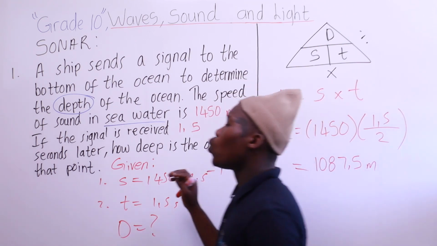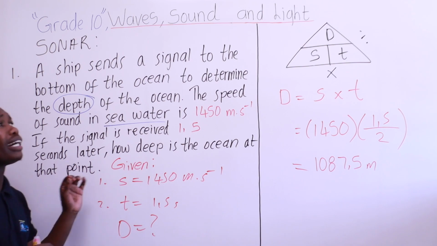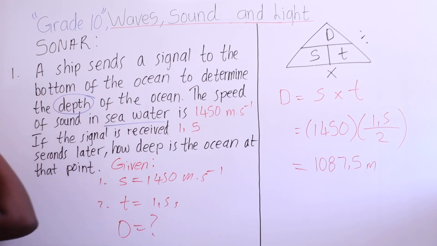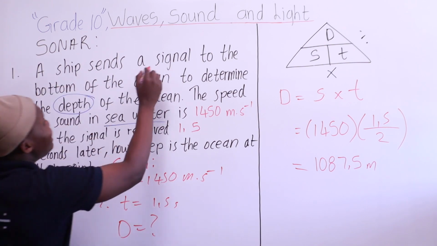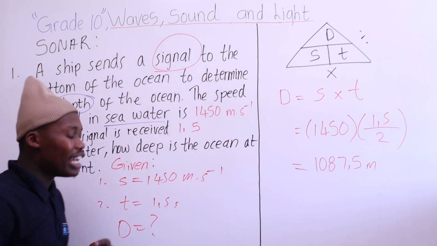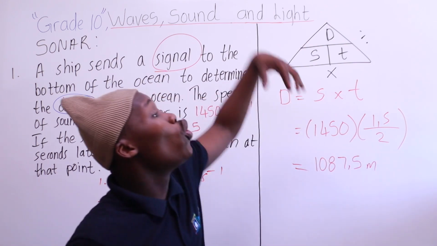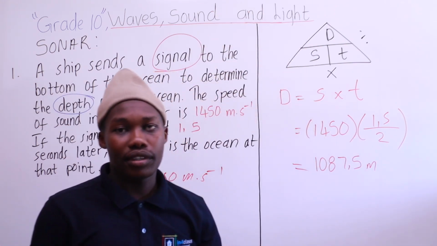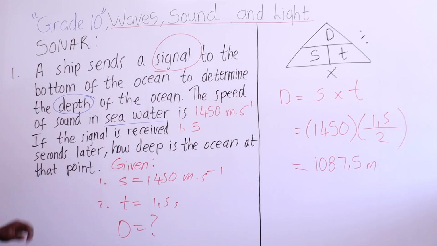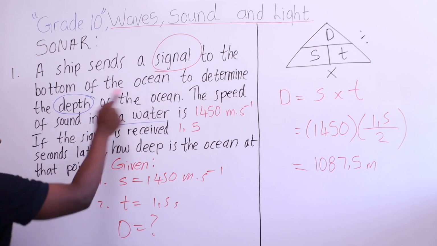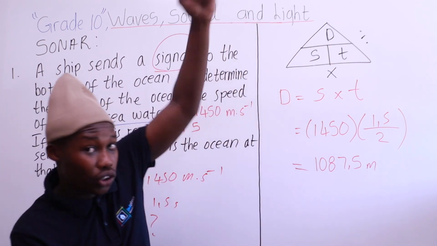Okay, so if there are words you might not understand, I think I explained those, but I will repeat the words you struggled with. A ship sends a signal. This signal is a type of wave, which means this wave will travel from the ship straight down to the bottom of the ocean, to determine the depth of the ocean, that is, how long it is from the start at the top to the bottom.